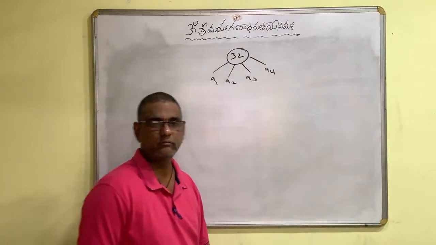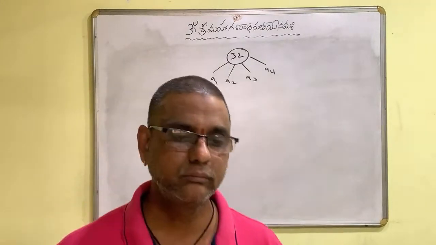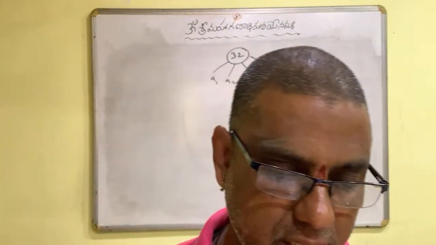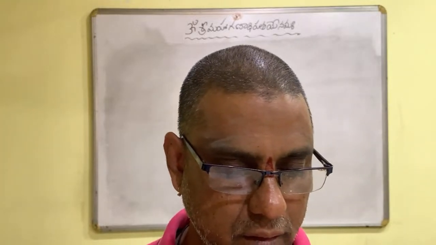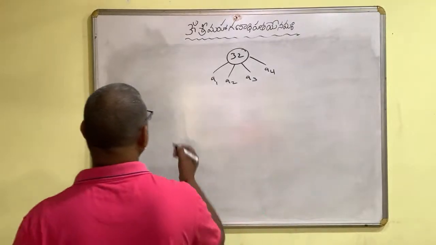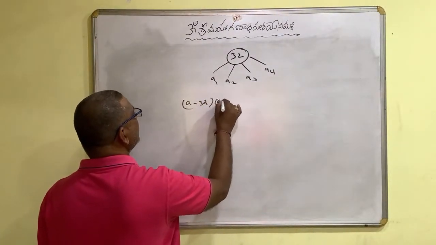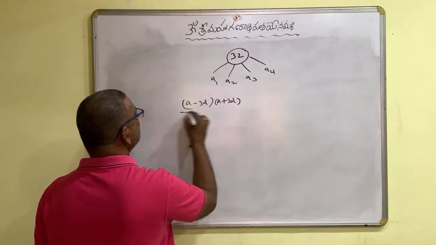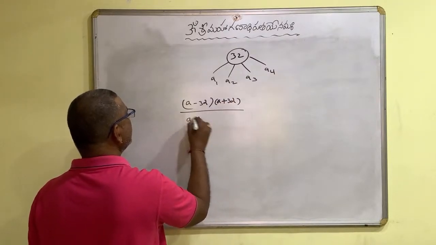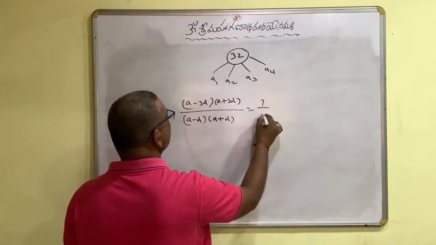Very good, Amulya. Then what is it asking? Ratio is given. What? First part and fourth part ratio means A minus 3D into A plus 3D by A minus D into A plus D, given as 7/15.